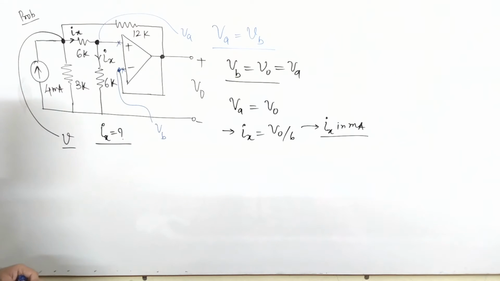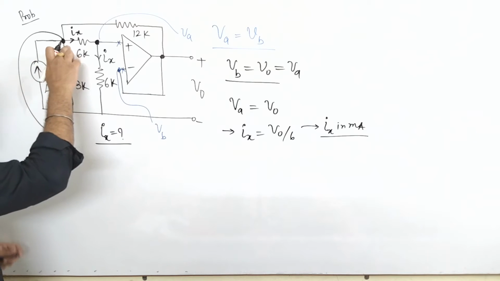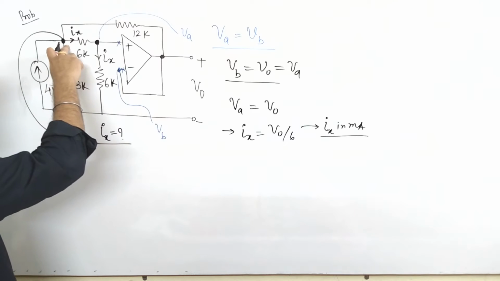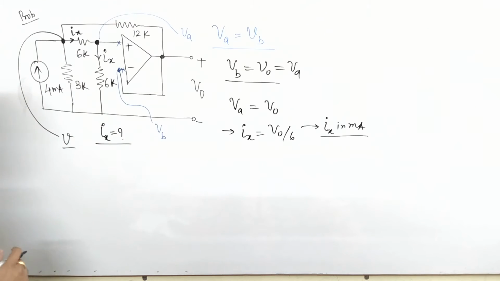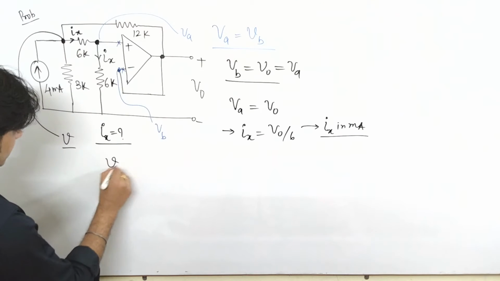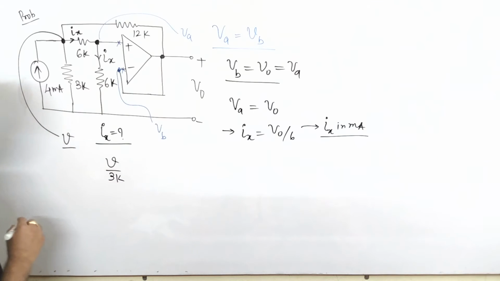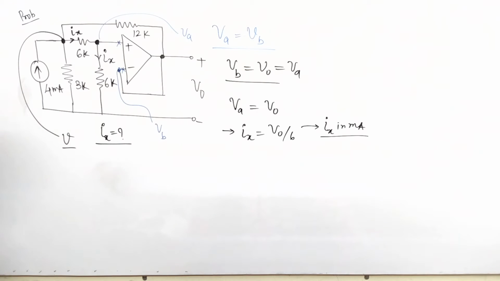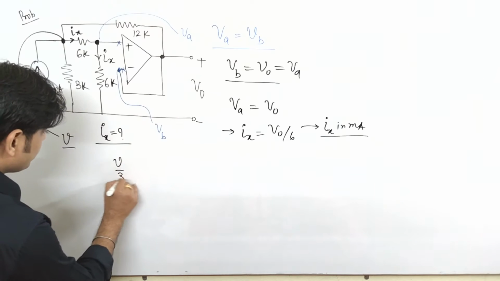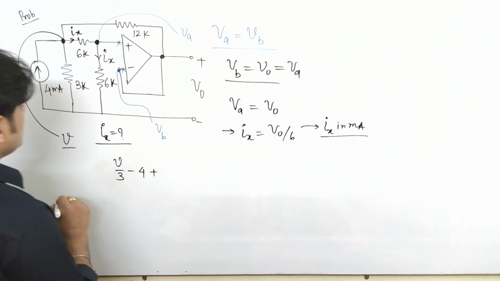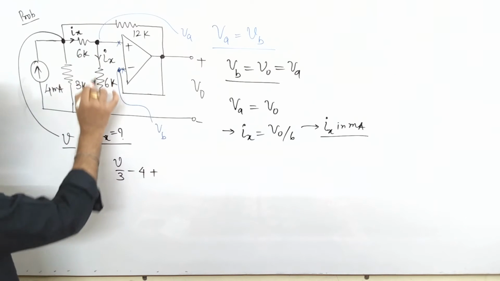Now how will we find that value? If I consider some potential here, this potential is V. So I can write one KCL equation, that is V upon 3K, again in K. I am taking the entire current in milliampere, so I can directly write it as V upon 3, minus 4, plus, now see, this Ix current is flowing commonly here.